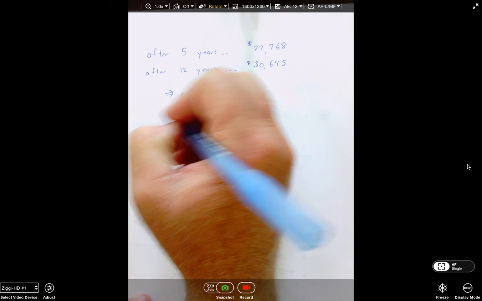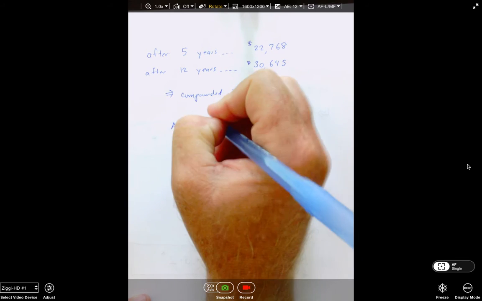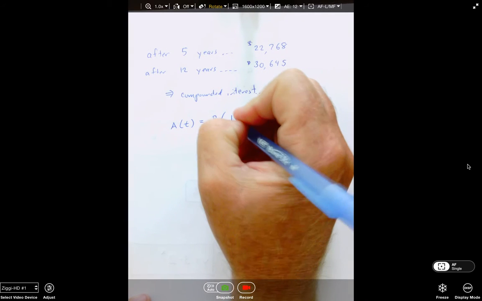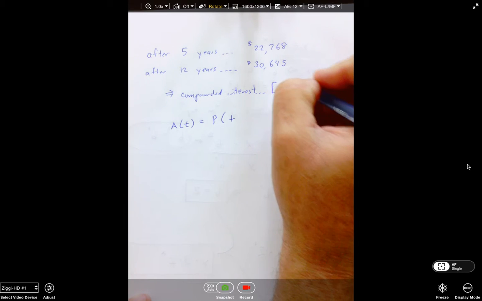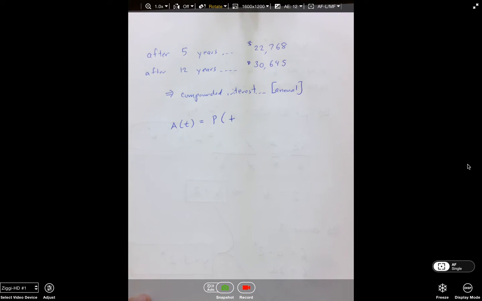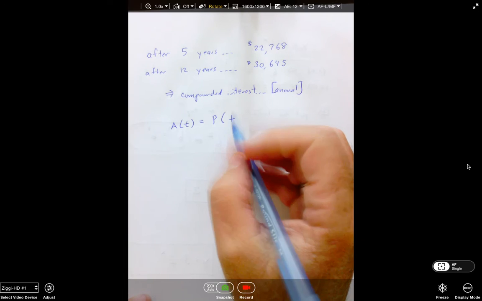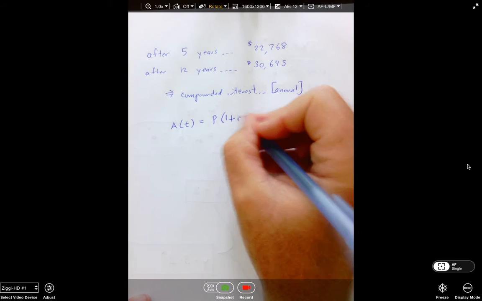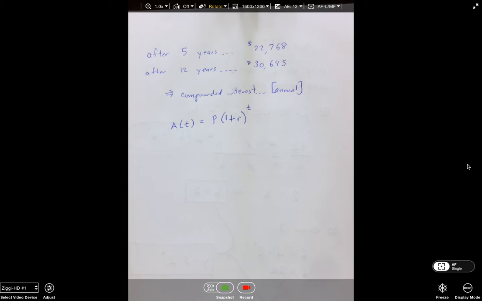So we know that our ending balance is going to be found by taking P, and let's keep it simple, annual interest right now. So N is 1. So P is going to be 1 plus our rate raised to the t power.